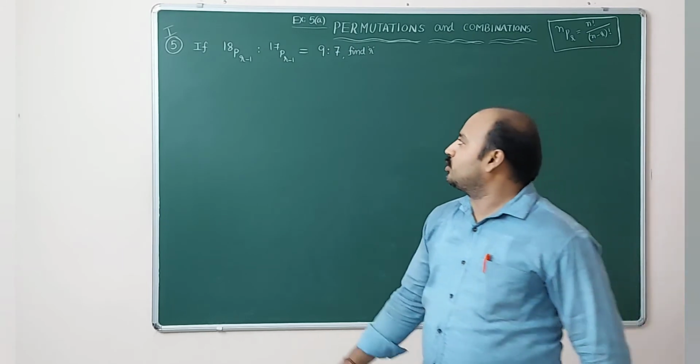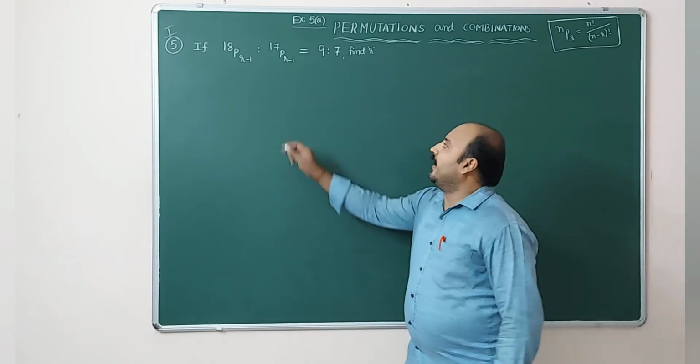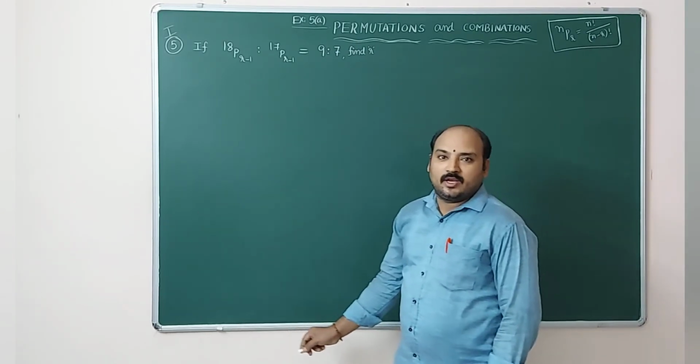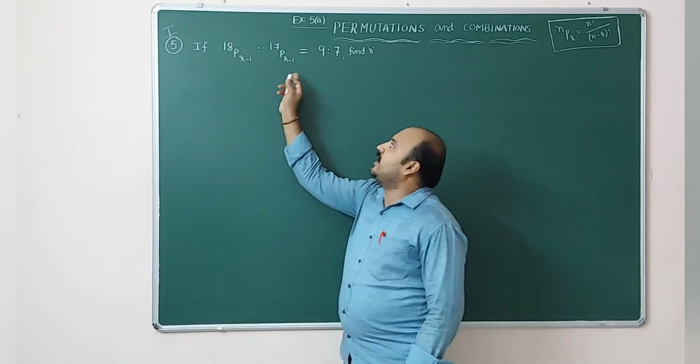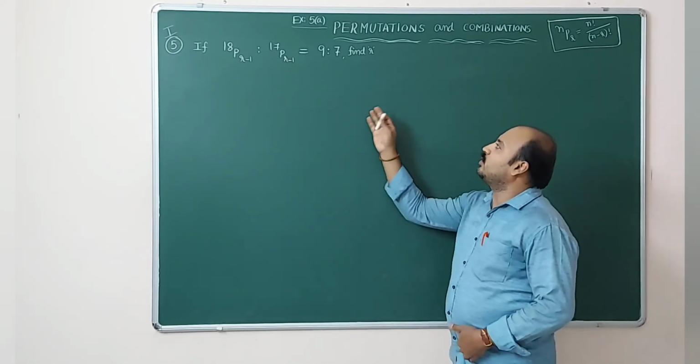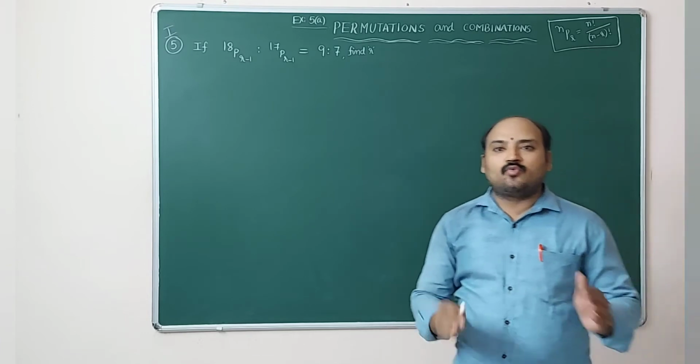The next question, question number 5. 18P r minus 1 is to 17P r minus 1 equal to 9 is to 7. Find r.